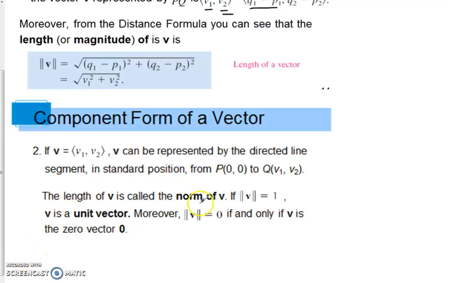If the norm of the vector is equal to 1, we call it a unit vector, and we're going to speak a lot about unit vectors. If the norm of the vector is 0, it's called the 0 vector. That doesn't seem to have a lot of interest for us. The other one has a lot more interest.